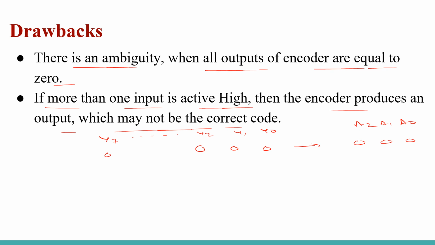But in practice, due to some mistakes, if more than one input is active high, then the output may not be the correct code. So that is one of the severe drawbacks in normal encoders. Whatever drawbacks were discussed in normal encoders are overcome in the priority encoder.